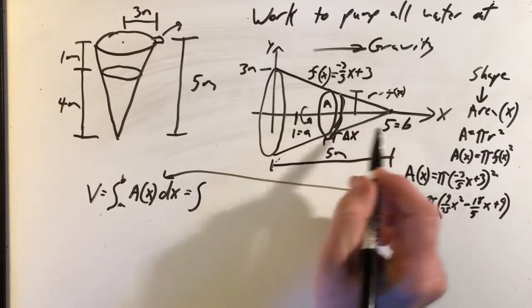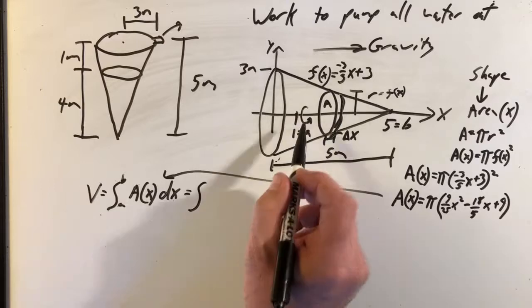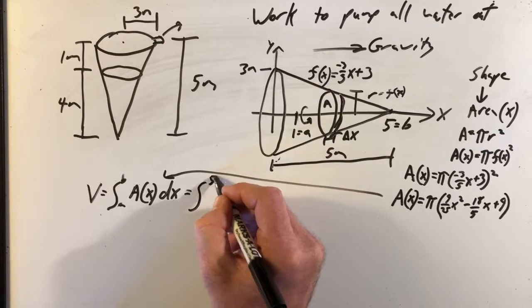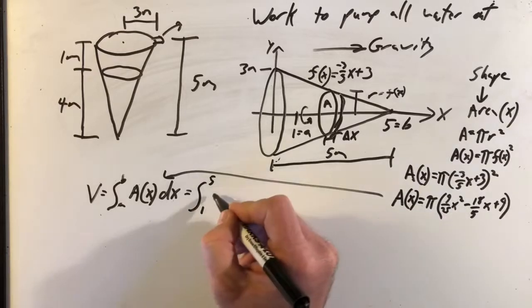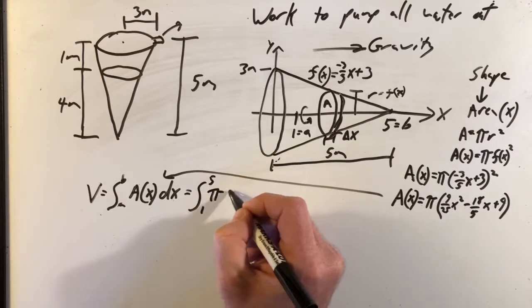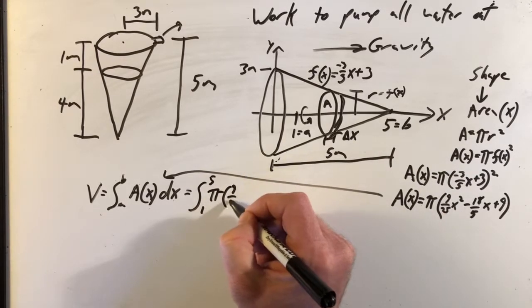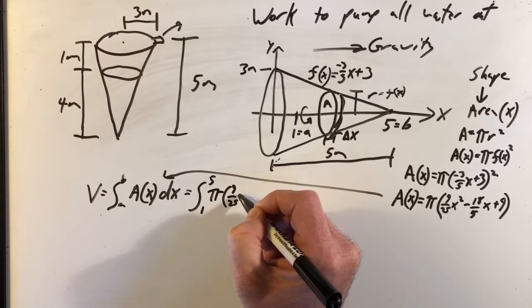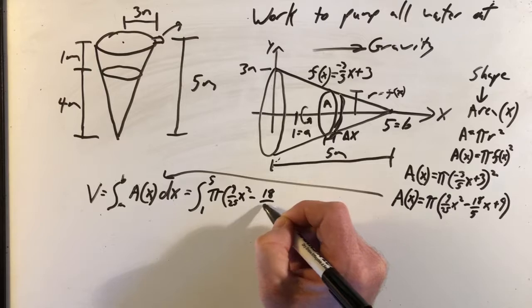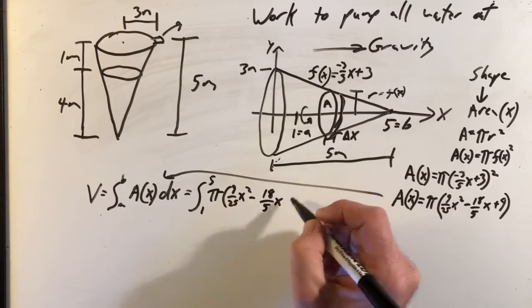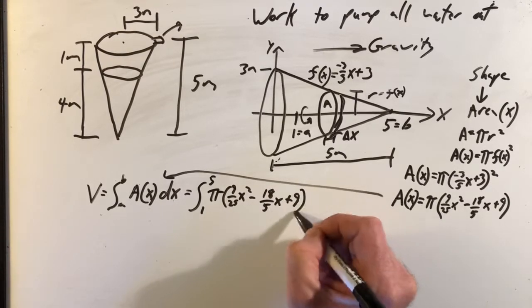So as I said, B and A, so 5 to 1, and then my area is pi times 9 divided by 25, x squared minus 18 over 5 x plus 9, dx.